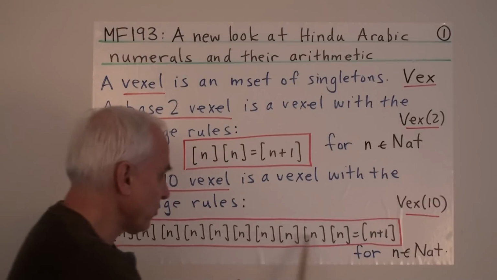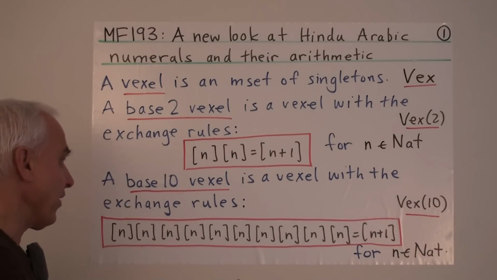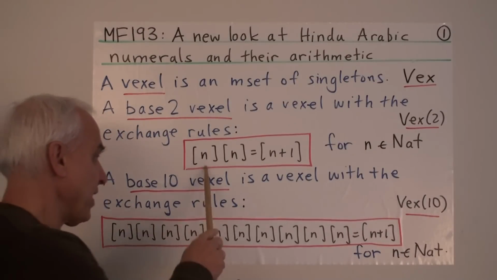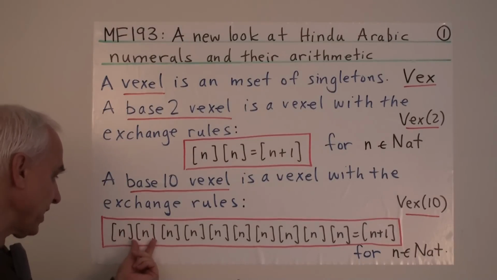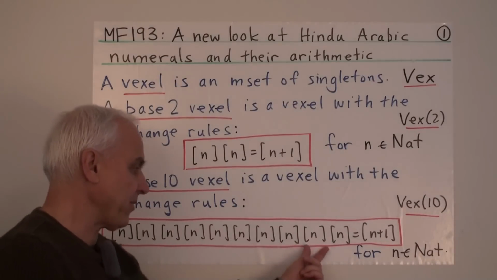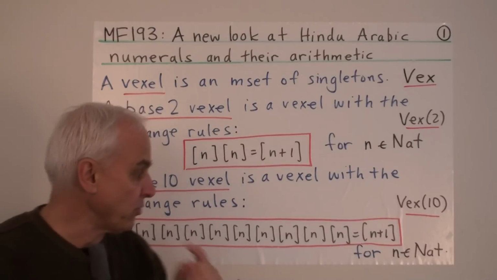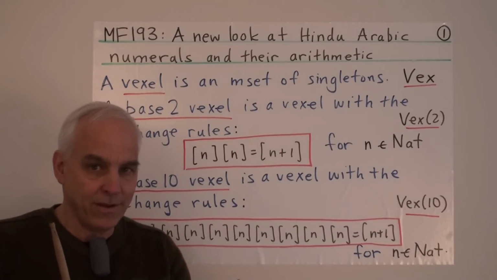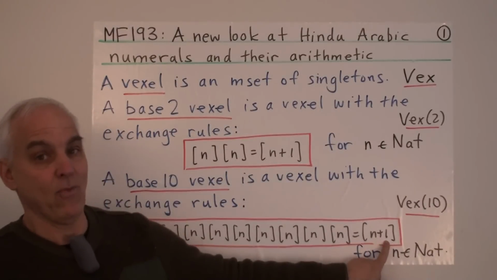So the exchange rules now are of a more complicated type because there's 10 things on the left-hand side rather than 2 things. So if we have a singleton n with another singleton n and another and another and another and another and another and another and another, all in an M set, then we're going to agree that we can take those 10 singleton n's and replace them with a single singleton n plus 1.